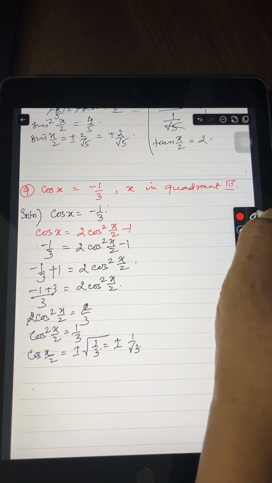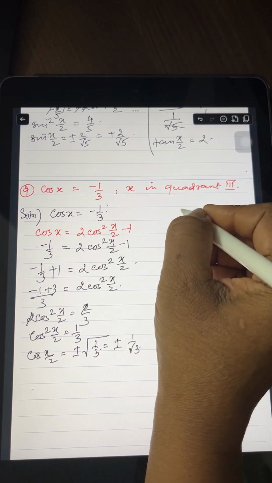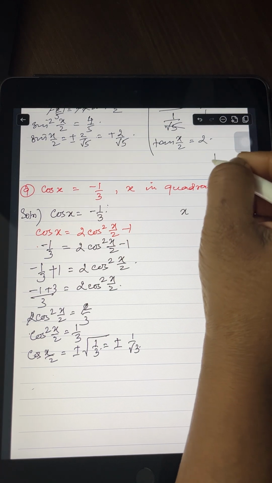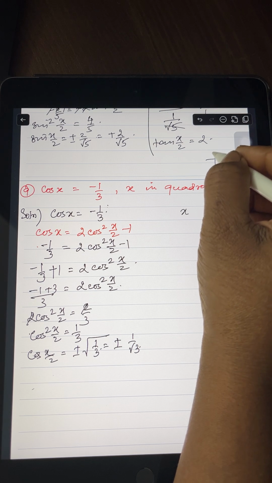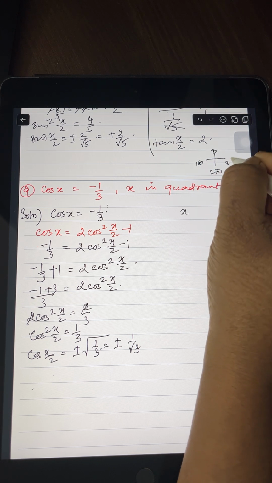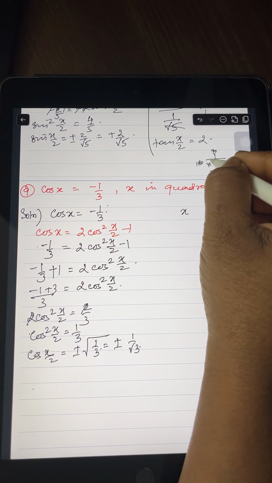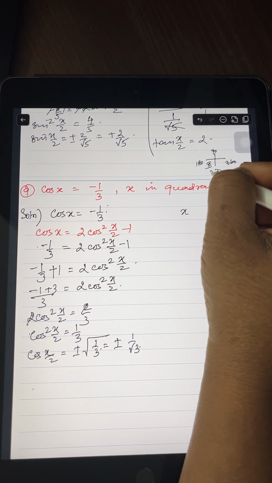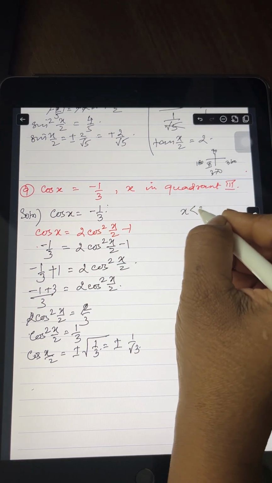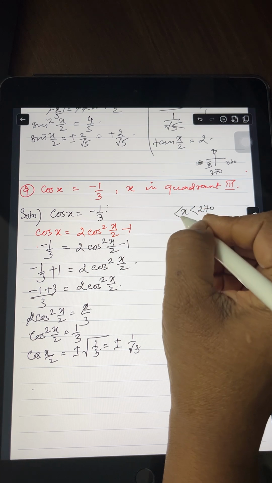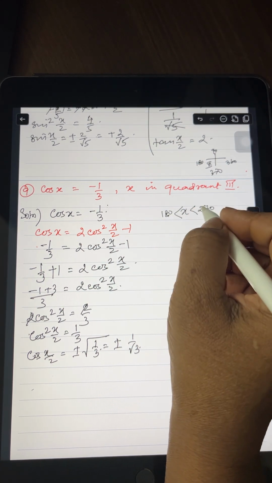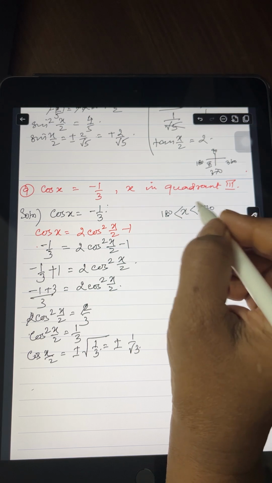What you will have to do is, if x is in third quadrant, here it is 90, 180, 270 and 360. Third quadrant, x is less than 270 but greater than 180. So x is greater than 180 and less than 270.